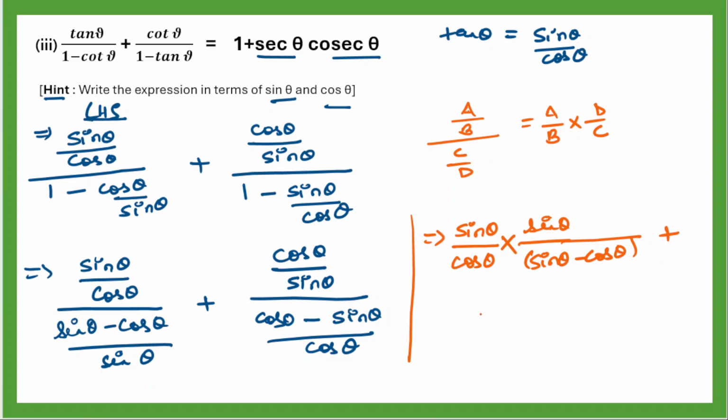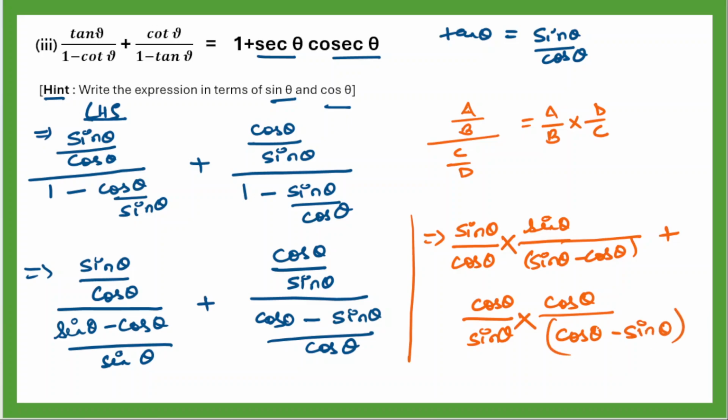Similarly, plus cos theta divided by sin theta into, this cos theta goes up, so it will be cos theta divided by cos theta minus sin theta.